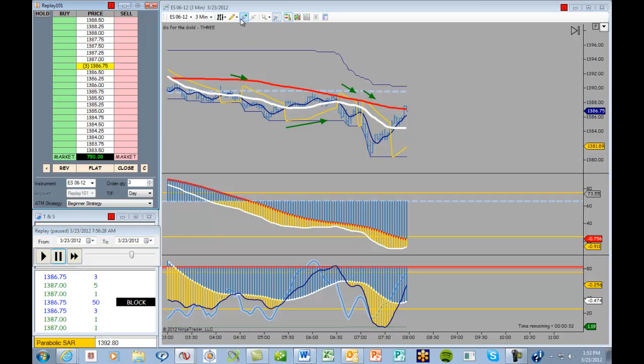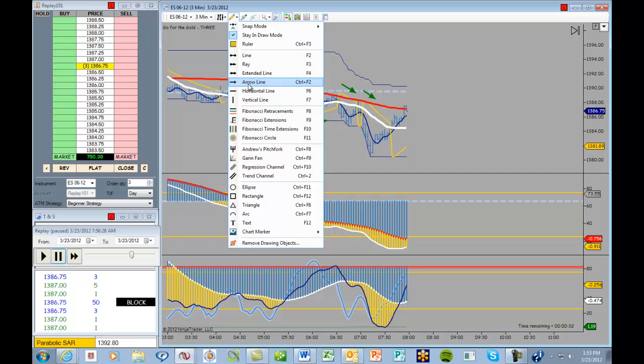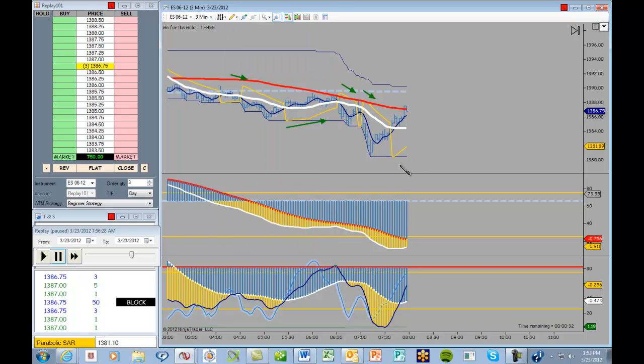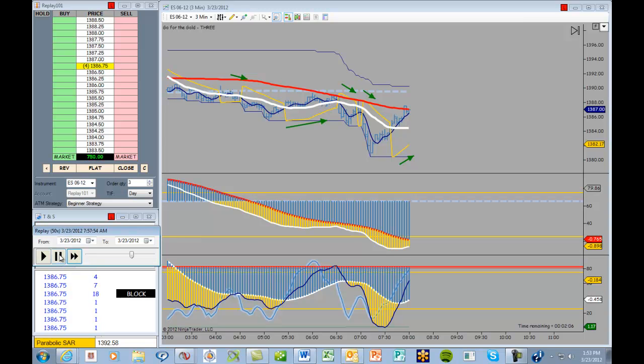Let's pause it. Now, let's see if we can find another likely spot to get long again.